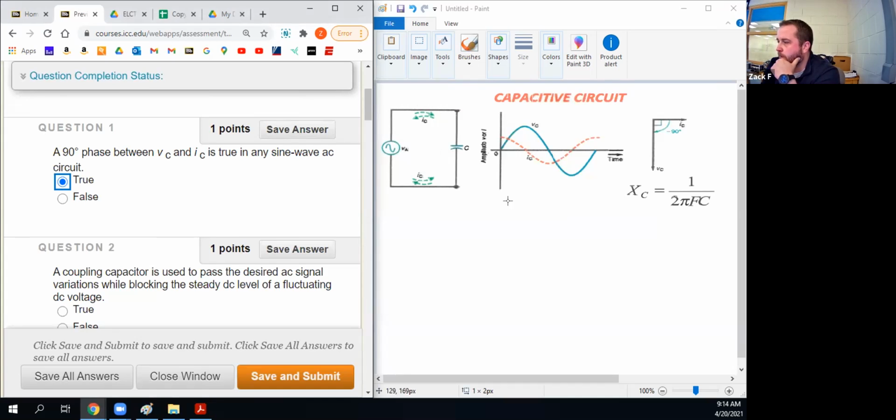This stuff that I put on the right is straight off your formula sheet, and I pulled these pictures straight out of the book. That phase shift is indicated in both these pictures.